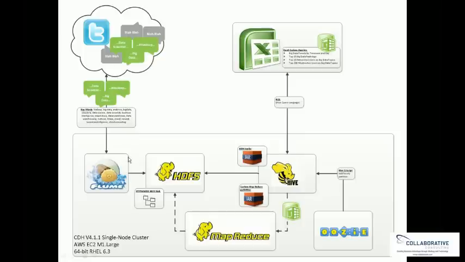We have done the base install of Hadoop. We have created a Twitter app, registered it with Twitter, I should say, and we have a Flume agent configured and ready to go. Now I'm going to flip over to the right side of the equation.